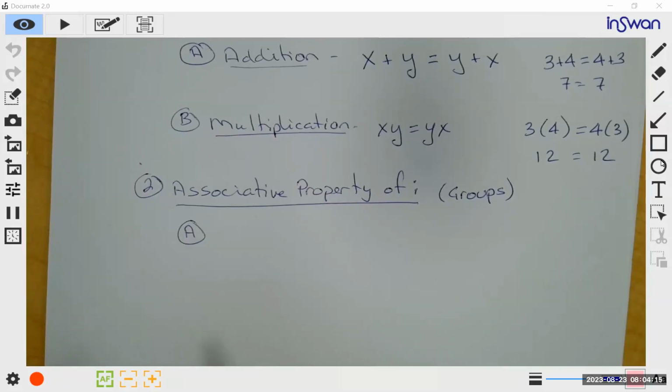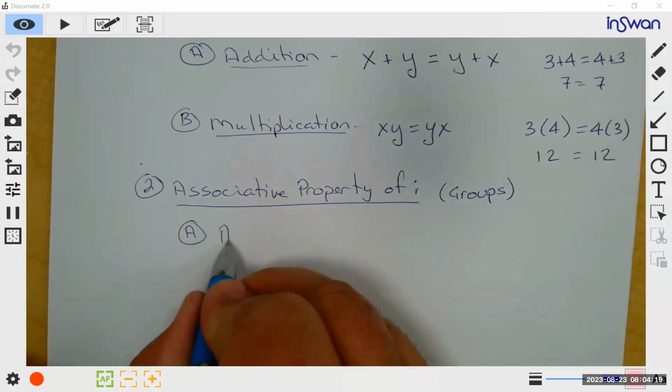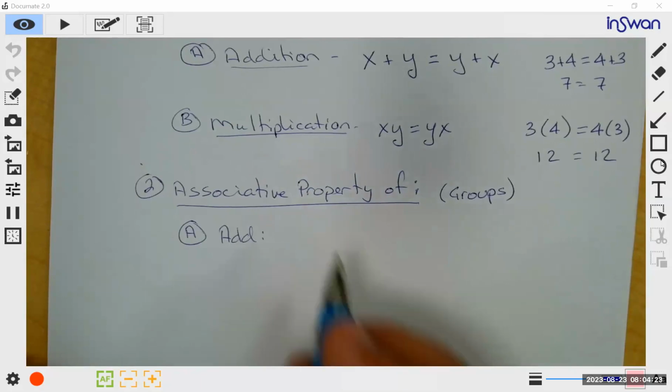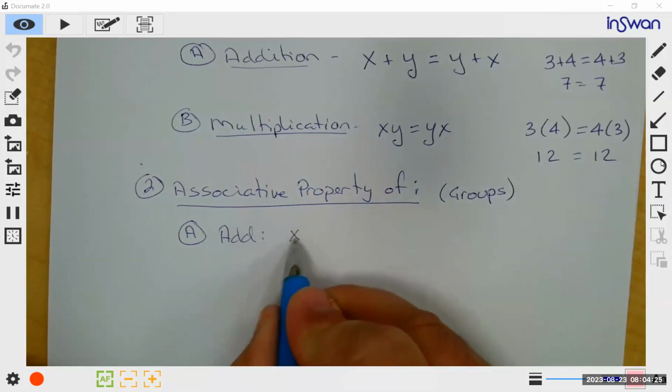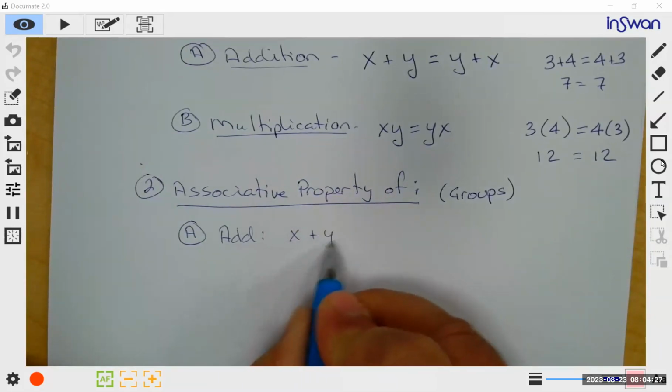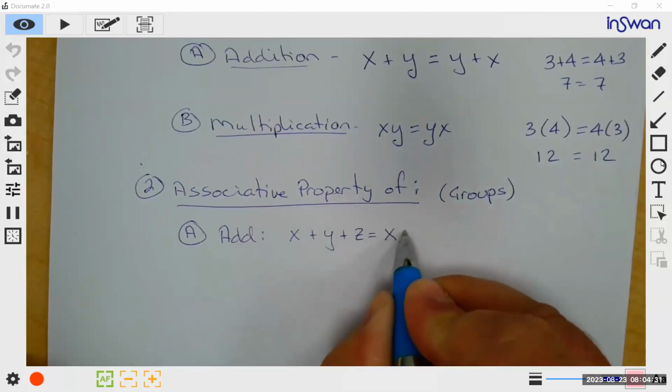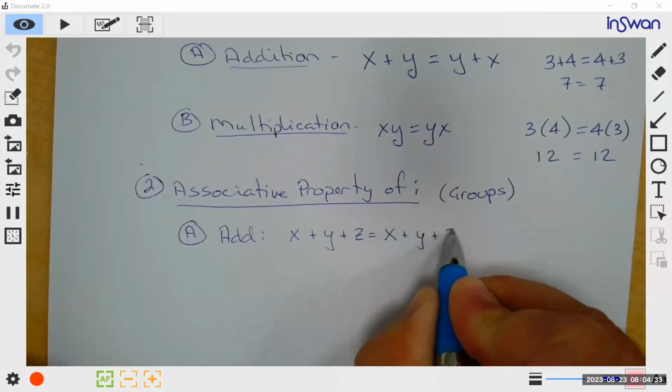So the first associative property is that of addition. What it says is X plus Y plus Z is equal to X plus Y plus Z.